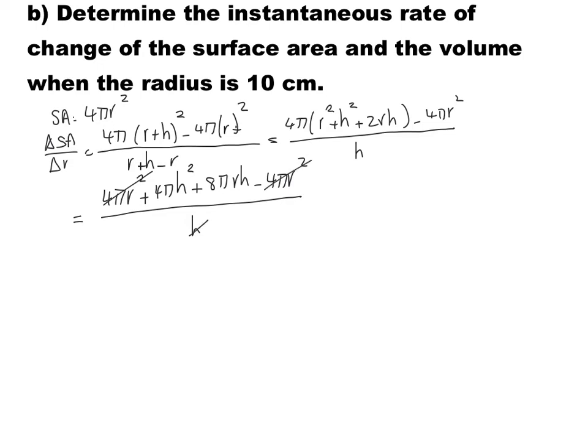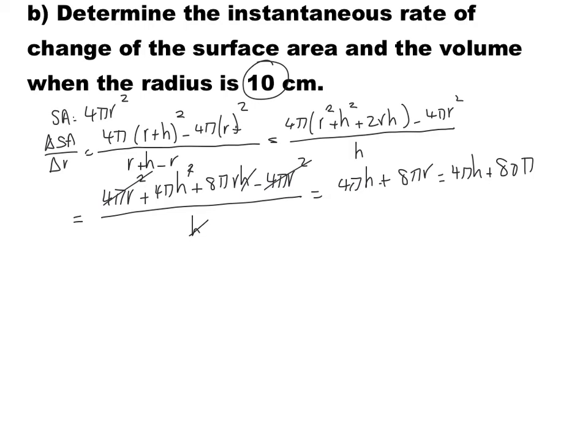The h here and the h in the exponent are going to cancel, so we get 4 pi h plus 8 pi r. But remember that r here is 10, so we get 4 pi h plus 80 pi.